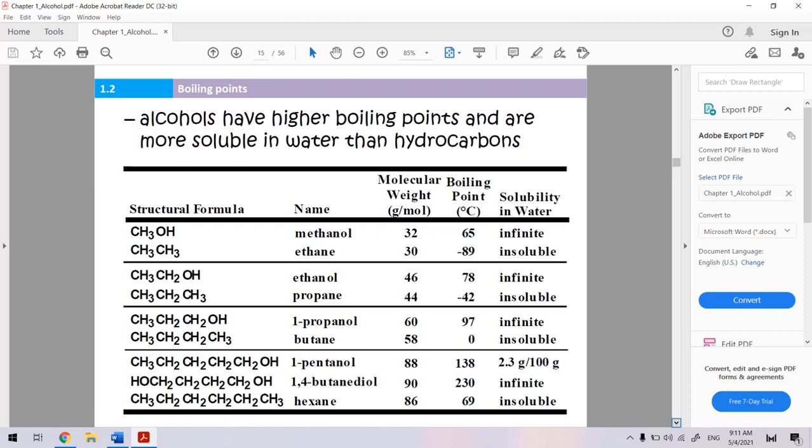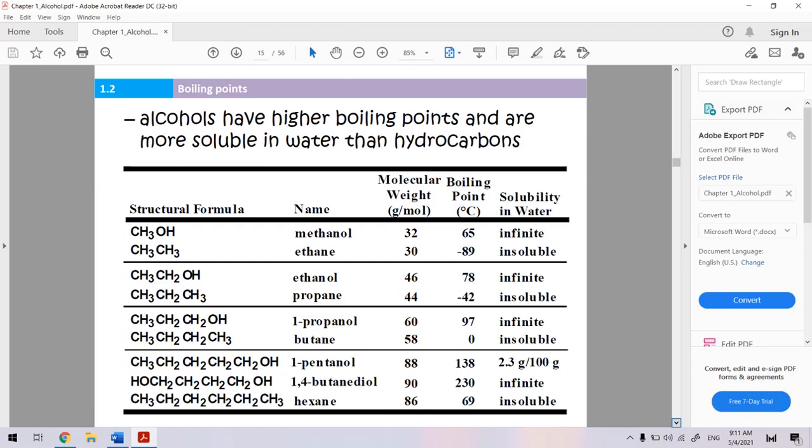So when the number of OH groups increases in the structure, more hydrogen bonding can be formed, so more energy is needed to break these hydrogen bonds. Finally, the boiling point increases.